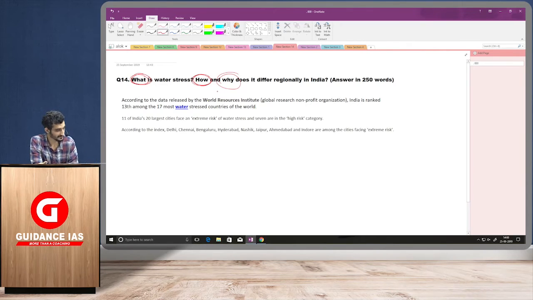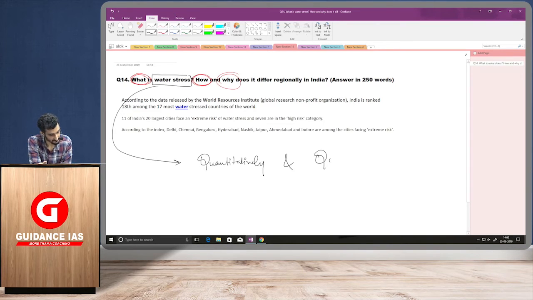So if you talk about water stress, see, water stress is a condition which can be analyzed both quantitatively and qualitatively. So it has both the connotations.